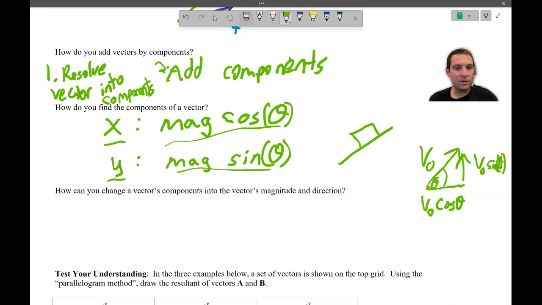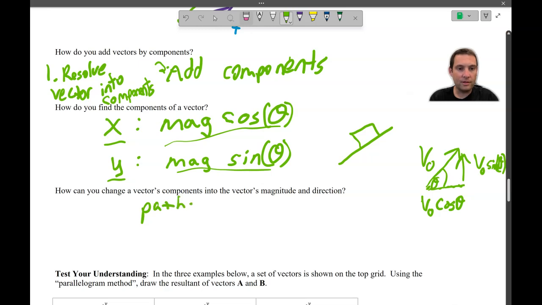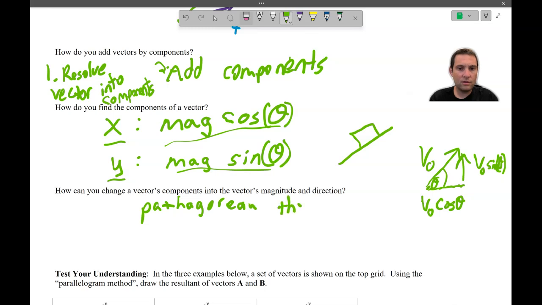How can you change a vector's components into the magnitude and direction? Pythagorean theorem is how we can get magnitude. To get the direction, we can use trig.